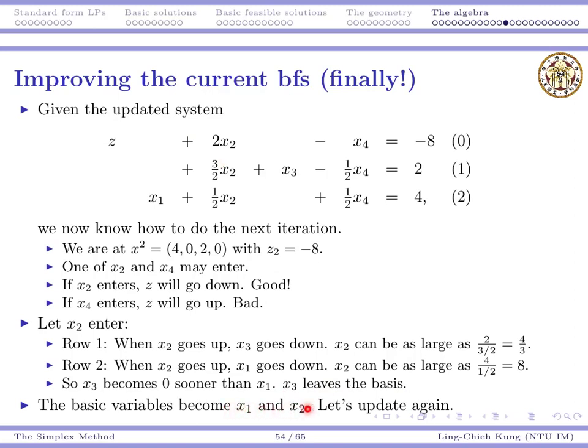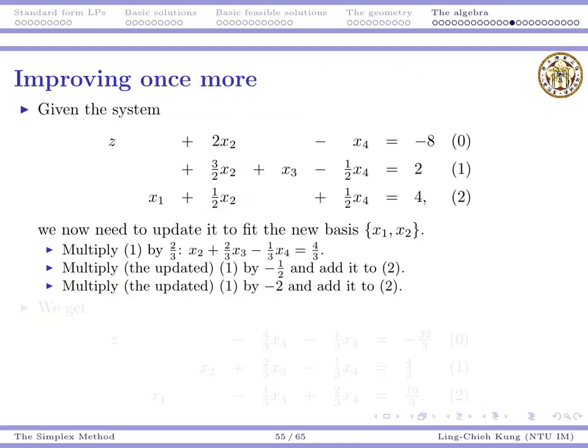And given this information, we know x1 is basic, x2 should become basic. So we should give an identity matrix here and make this number 0. This number should become 1 and this number should become 0 for us to get an identity. So now it's time to do another row operations. Constraint 1 should be multiplied by 3/2 so that we can make this number 1.